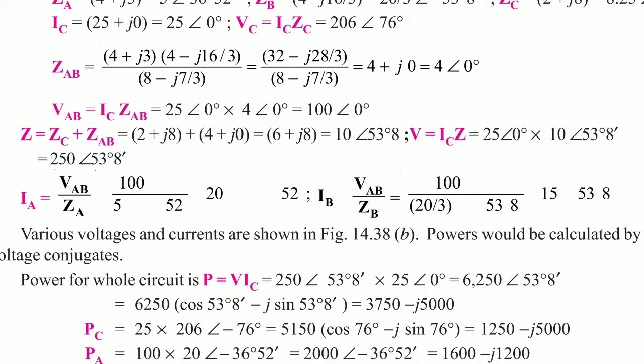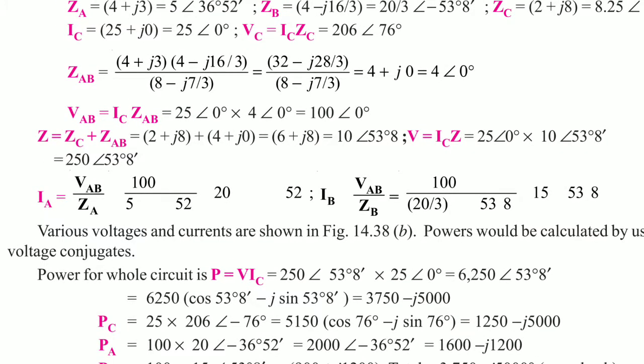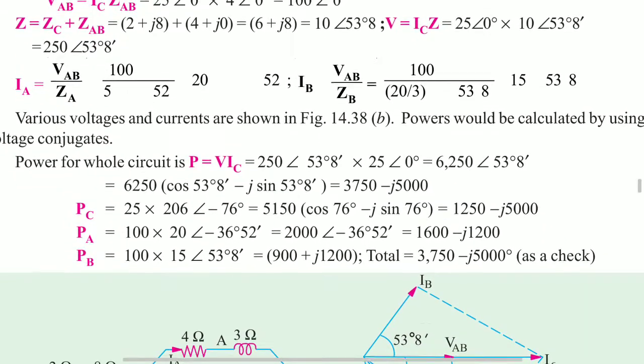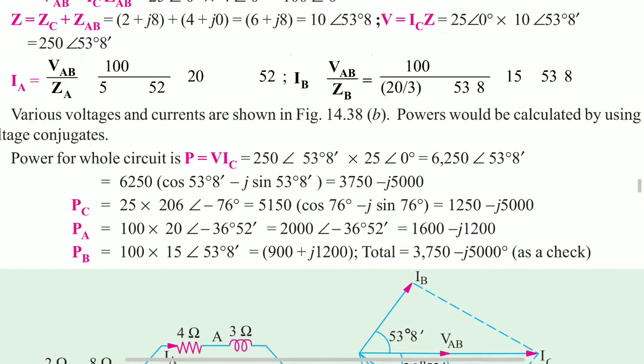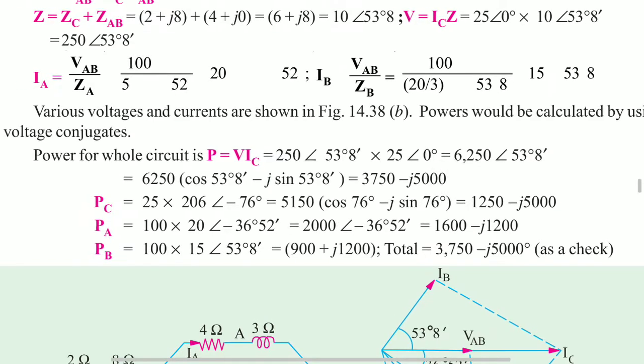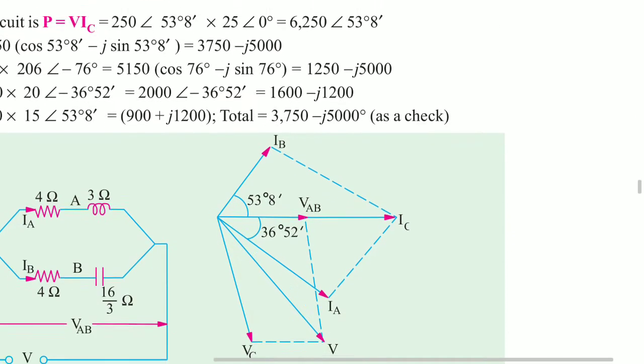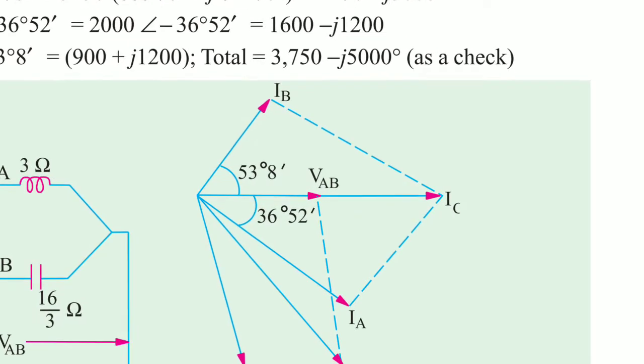So here various voltages and currents are shown in the figure, 14.38b. See, observe this one, the phasor diagram.